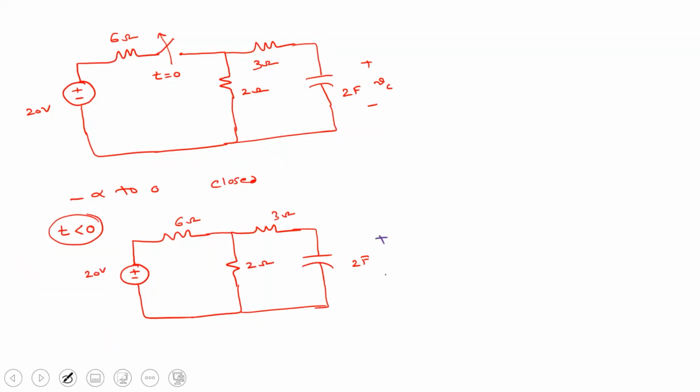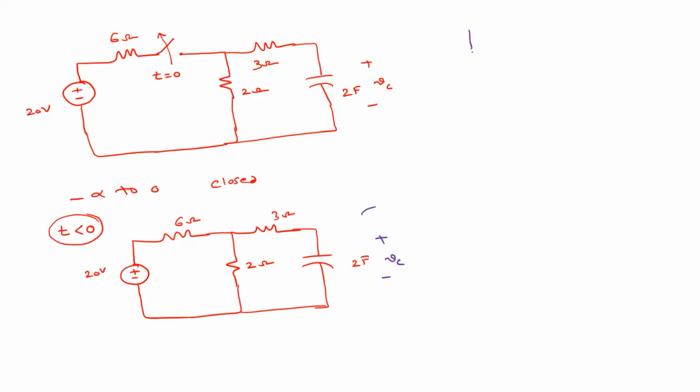If we assume that this is the capacitor voltage Vc of 0, what is the Vc of 0? How exactly will it behave if the switch is closed for minus infinite time? How will the switch behave? Open circuit. So the switch will be open circuit, right?